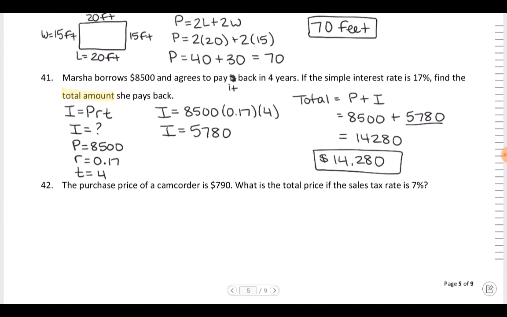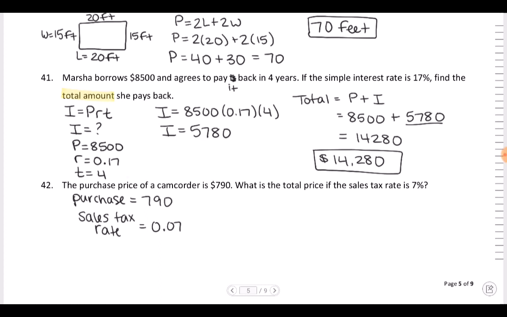Okay. The purchase price of a camcorder is $790. What is the total price if the sales tax rate is 7%? Okay, so purchase price, in other words, the sticker price, is $790. Sales tax rate is 0.07.